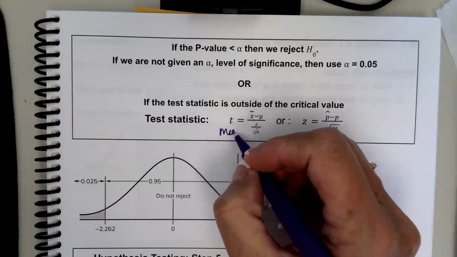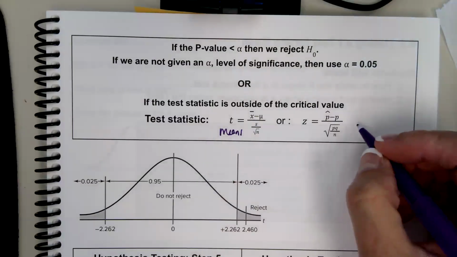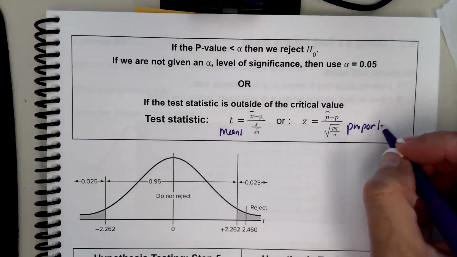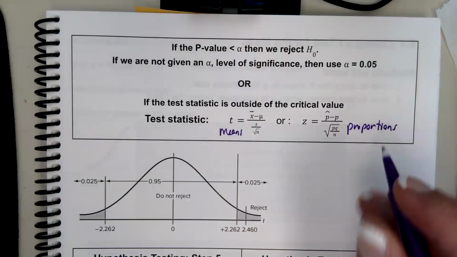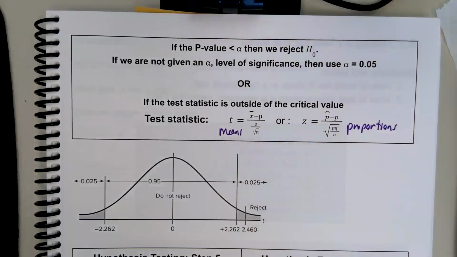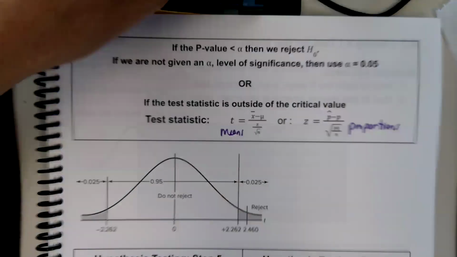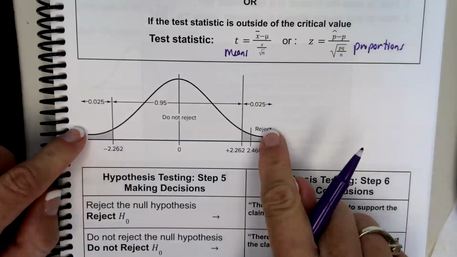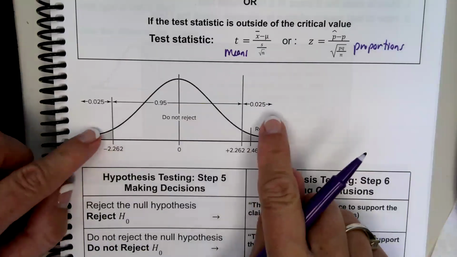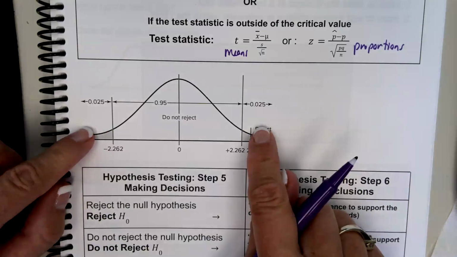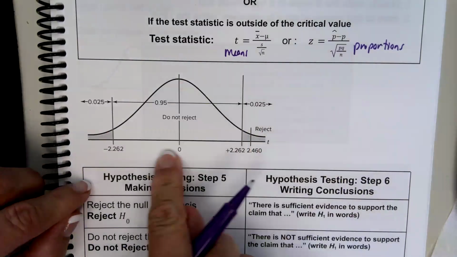We're using the t distribution. And for proportions, we're using the z normal distribution. When I talk about the danger zone, I'm talking about out here, wherever that critical value is. And in here is do not reject.